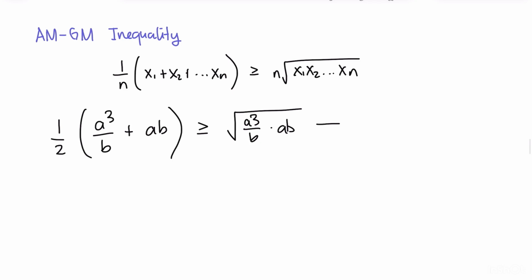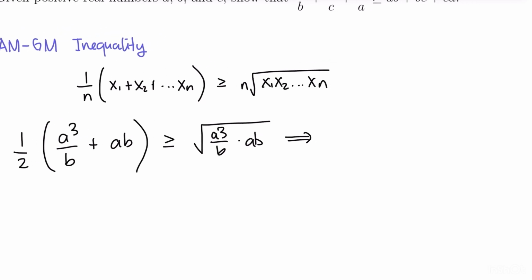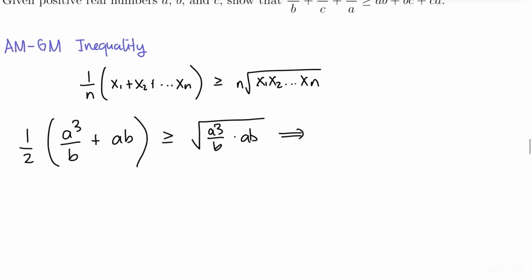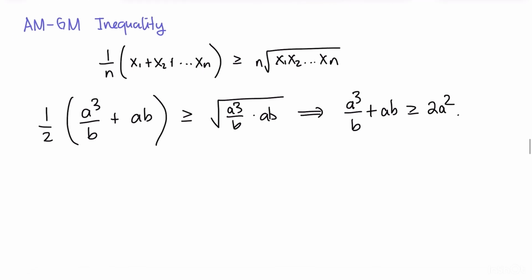I'm doing this because I want the b's to cancel, and on the right hand side it will become a squared. Further simplifying, it will be a cubed over b plus ab, which is greater than or equal to 2a squared, because this becomes the square root of a to the 4th power, so it's a squared. And then I just multiplied by 2 both sides.